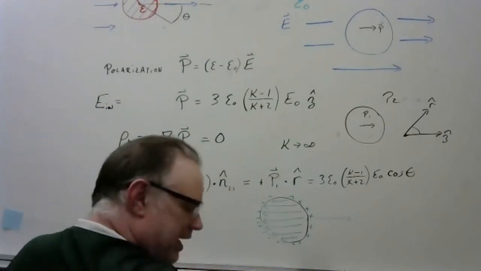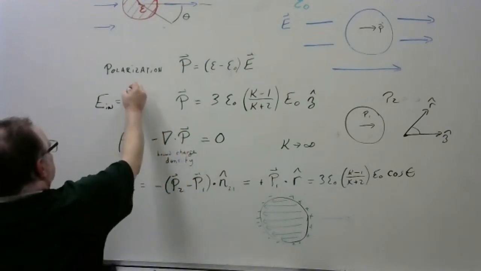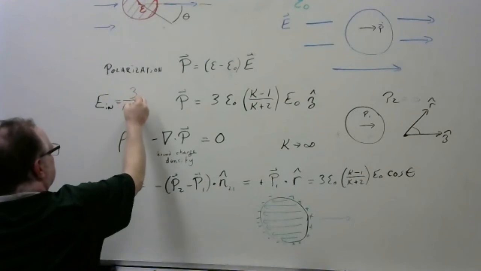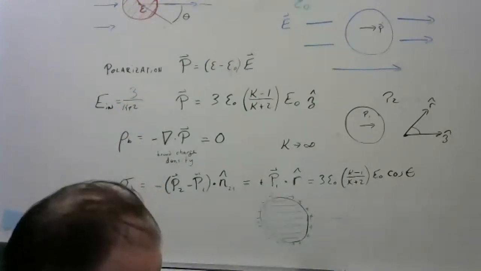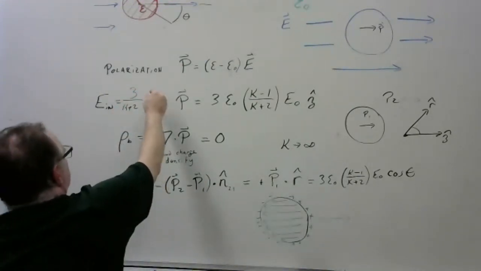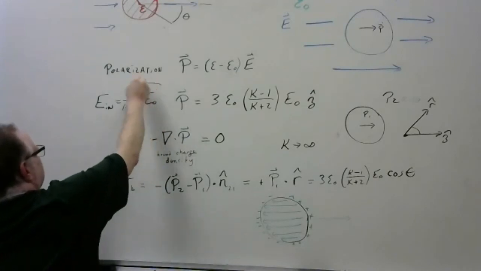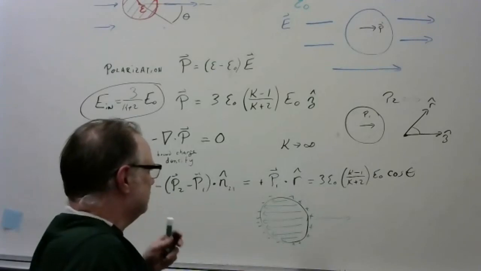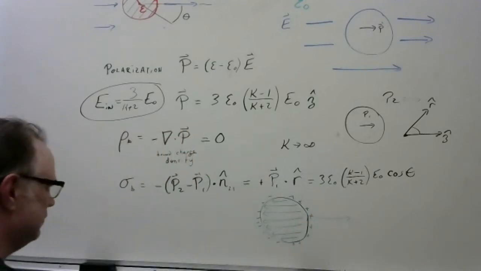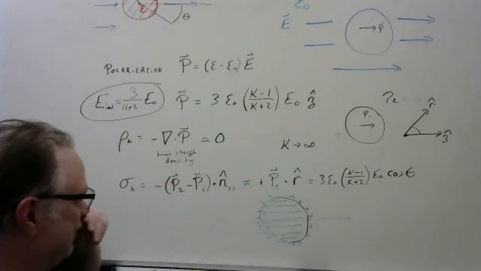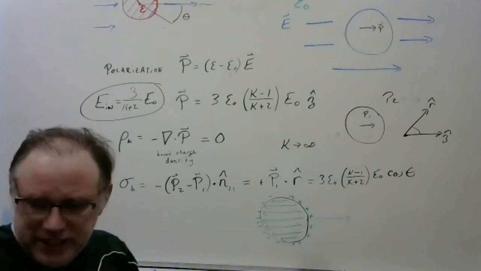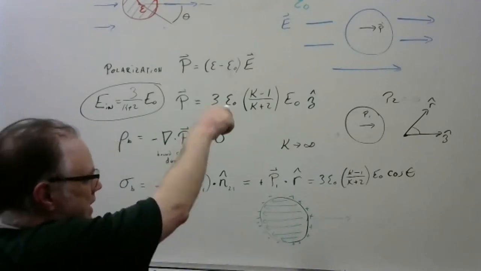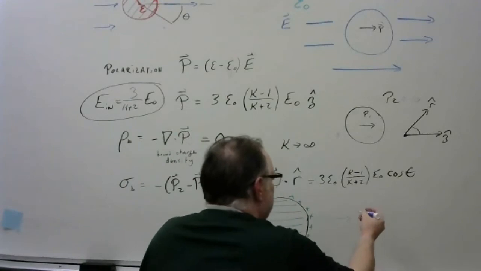It goes 3 over kappa plus 2 times epsilon naught E naught. So this is the electric field inside, and here's our polarization. As kappa goes to infinity, that's another limit we can take on these dielectric things.